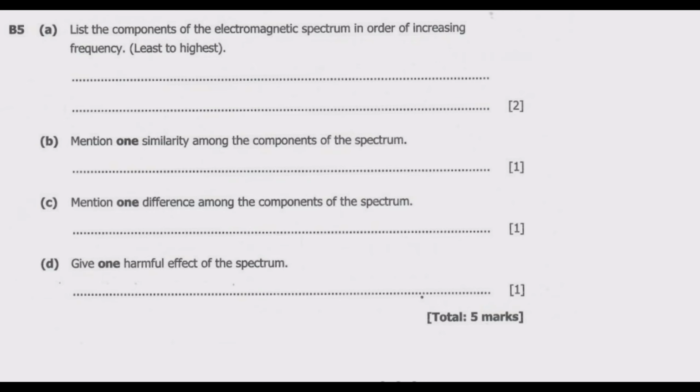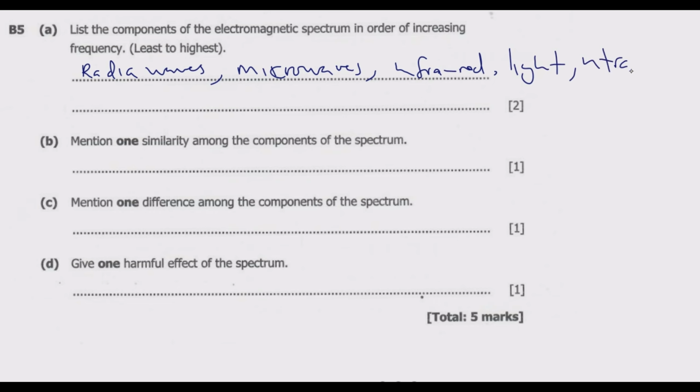So basically we start with radio waves, then we have microwaves, then next we have infrared, then we have visible light, which is the light itself where the colors are. Then we have ultraviolet, then we have X-rays, then gamma rays as the last one.